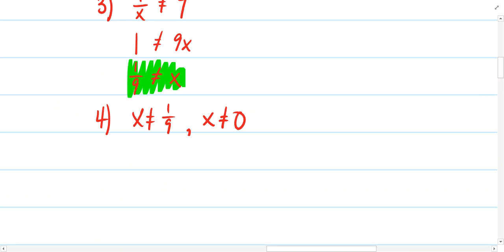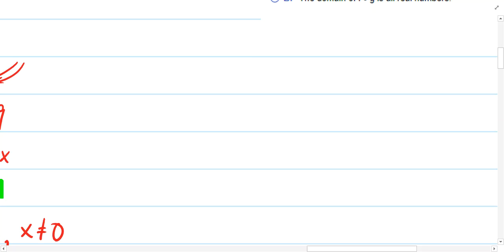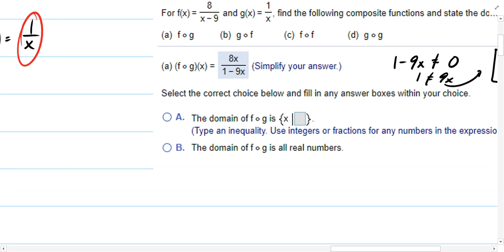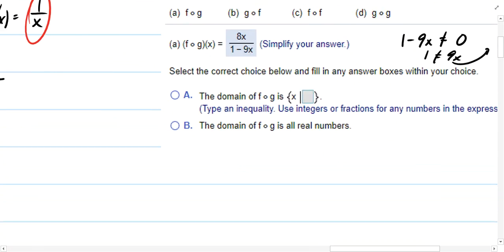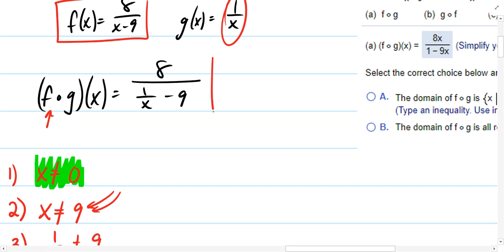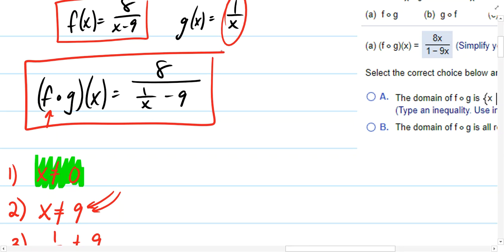Now, why is 0 not permitted? Well, let's remember, this composition of functions, when simplified, looks like this. But in reality, the function was described or defined this way. What would happen if you tried plugging in the number 0 into this form of the expression?